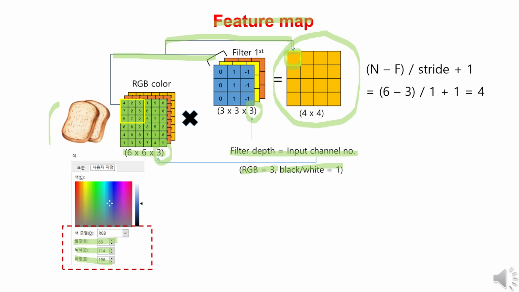That number becomes 1 pixel in the output feature map. And just like we discussed earlier with stride, the size of the resulting feature map depends on the input size, filter size, and stride. In this case, applying a 3 by 3 filter to a 6 by 6 input with stride 1 results in a 4 by 4 feature map.